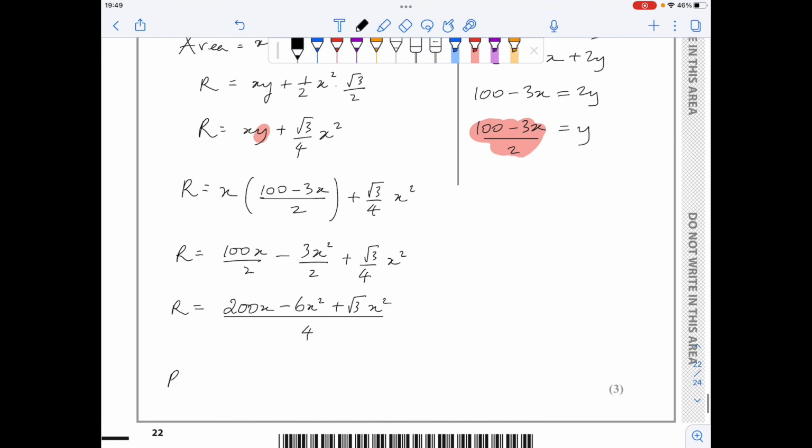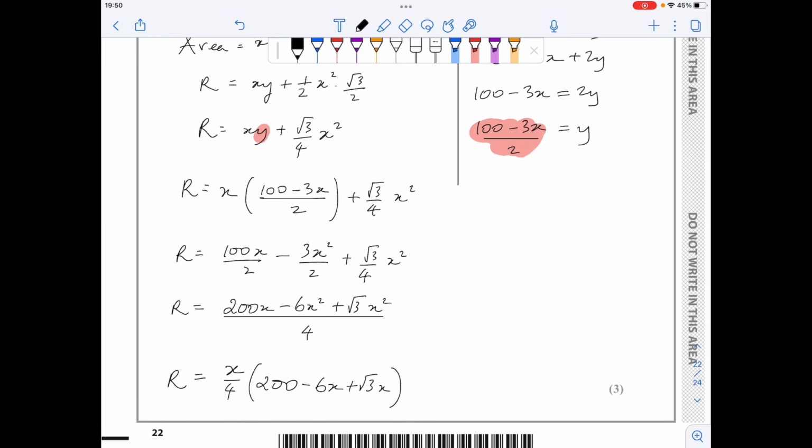And then I'm going to take out a common factor of x over 4. So now I'll be left with 200 minus 6x plus square root of 3 times x.